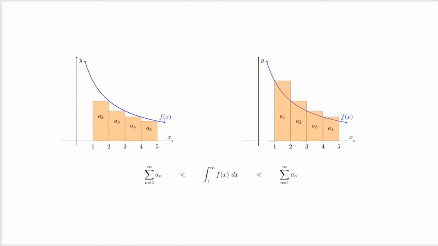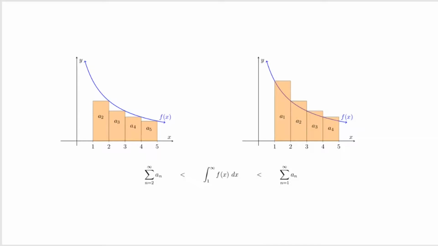The estimate on the left, using right-hand endpoints, is an underestimate of that area, and that estimate is the sum as n goes from 2 to infinity of a sub n, and the estimate on the right is an overestimate of that area, and that estimate is the sum as n goes from 1 to infinity of a sub n. And so we have that the sum n equals 2 to infinity of a sub n is less than the integral from 1 to infinity of f of x dx, which is less than the sum as n goes from 1 to infinity of a sub n.